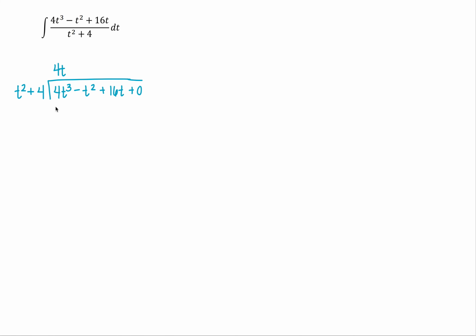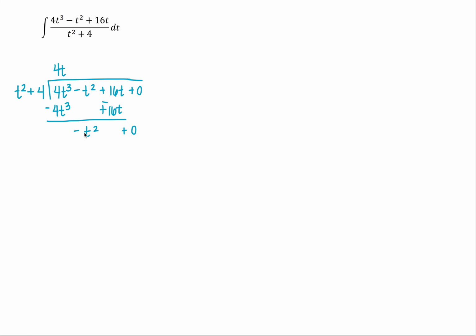So 4t times t squared is 4t cubed. 4t times 4 is 16t. Now we're going to subtract, so we change both those signs, and everything here cancels out. So I'm left with negative t squared plus 0.